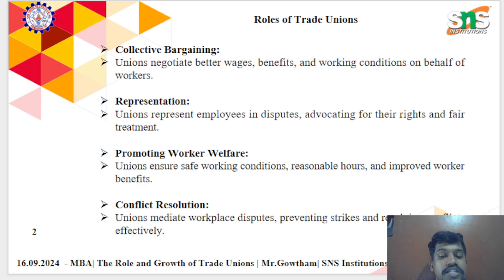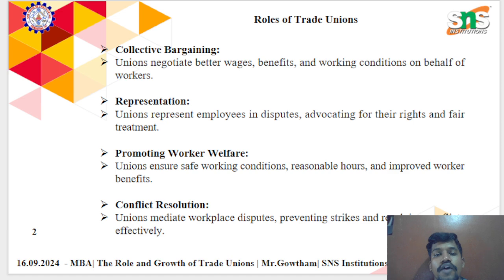Representation means advocating for employees in disputes, for their rights and fair treatment. They treat everyone equally, with no partiality between women and men, no gender inequality, and they also give priority to lower-level and uneducated people who work under the organizations.